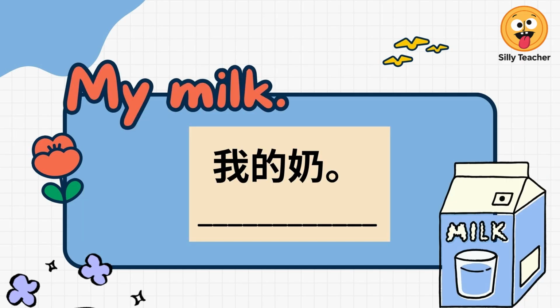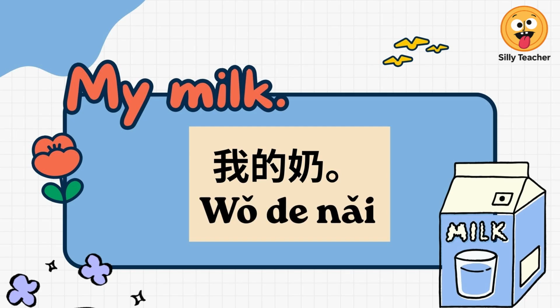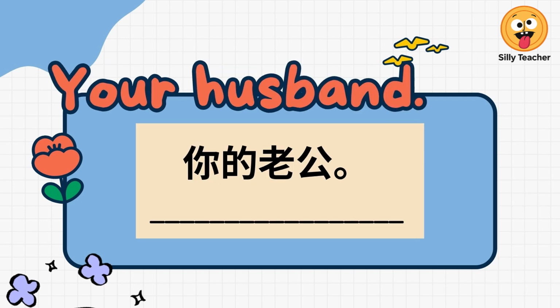Now let's try to do some simple sentences. How would you say my milk in Mandarin? The answer is 我的奶. Number two, your husband.